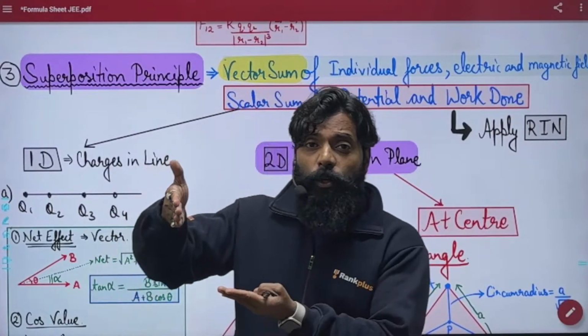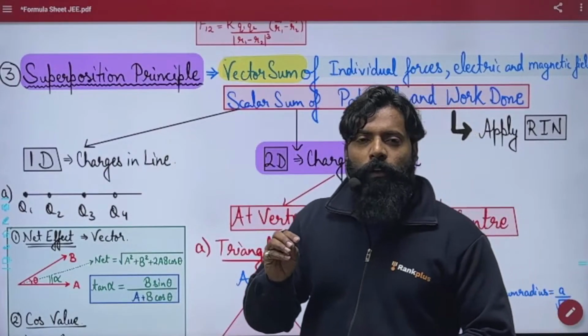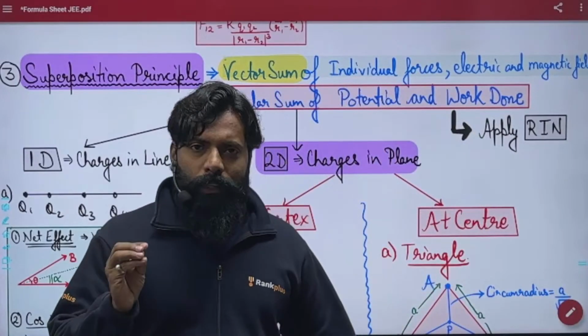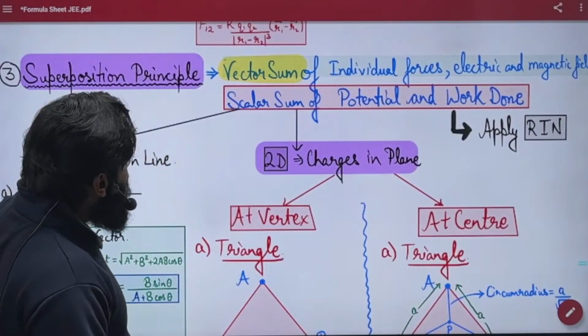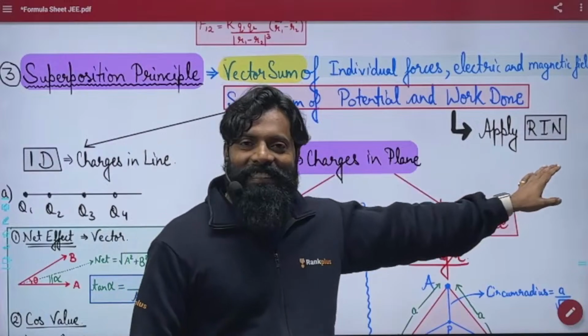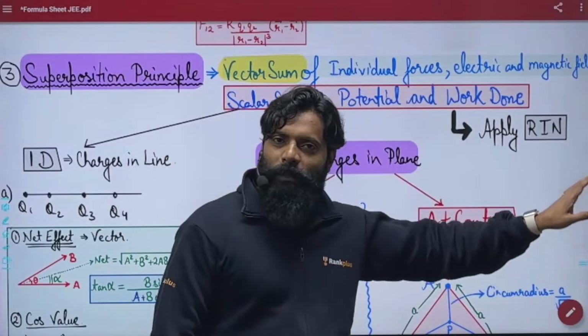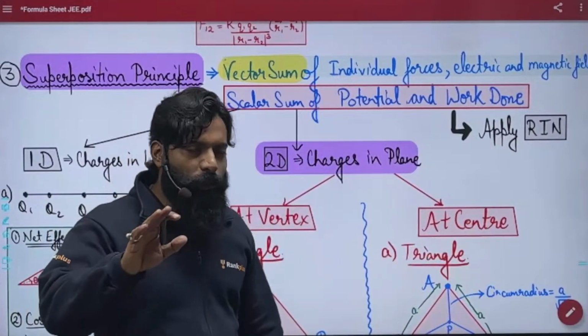You have to divide the question into multiple parts so that you are able to solve the smaller chunks. So here, in the superposition principle, you have to apply one logical thing, that is RIN. If you have attended my lecture, you must know what this RIN is. If you haven't attended that lecture, do not bother about that.